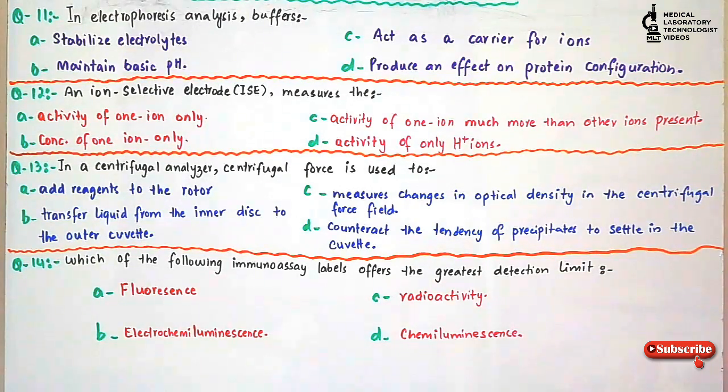And the answer for this question is option C. An ion selective electrode measures the activity of one ion much more than other ions present. And ISEs respond to the individual ion present in a sample.